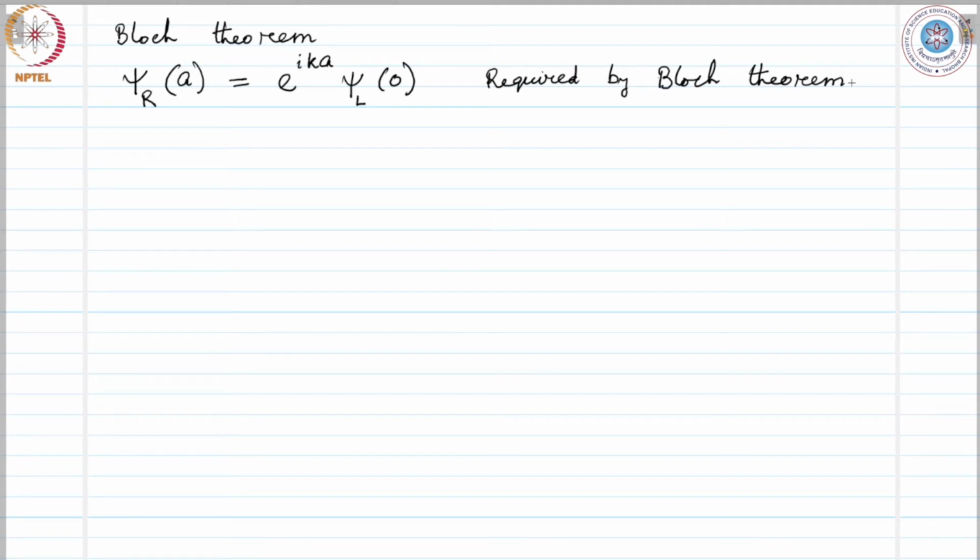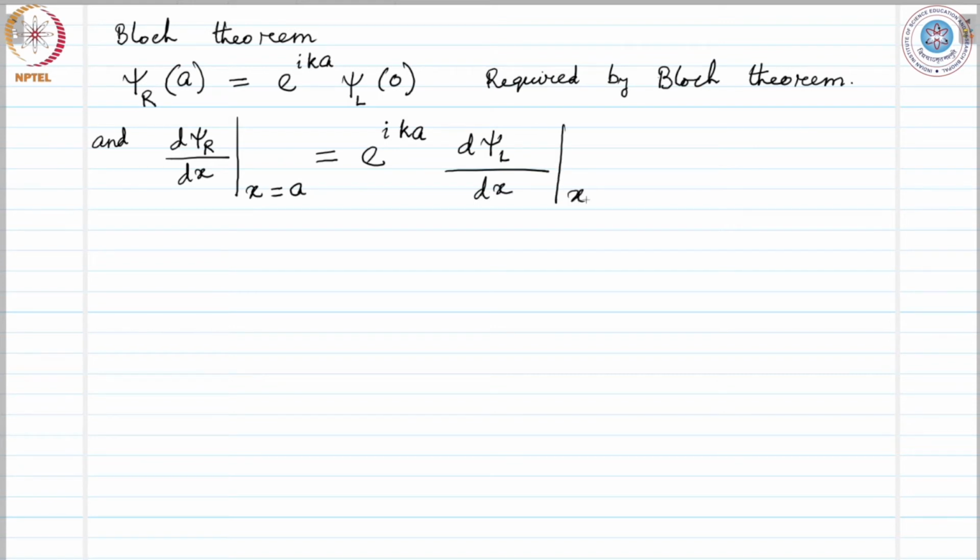And if we consider the boundary condition for the first order derivative of the wave function, we can write d psi_R/dx at x equals a. This quantity has to be equal to e^{ika} times d psi_L/dx at x equals 0. Note something interesting.